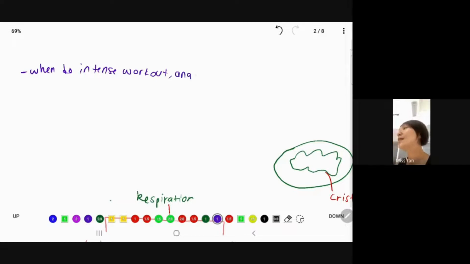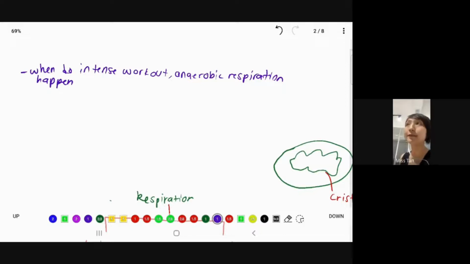Lactic acid is actually an intermediate product like pyruvate. Later, this lactic acid will be converted into carbon dioxide and water in your liver during your recovery stage. What do you mean by recovery stage? It means you're not doing any intense workout. You sit down and breathe.